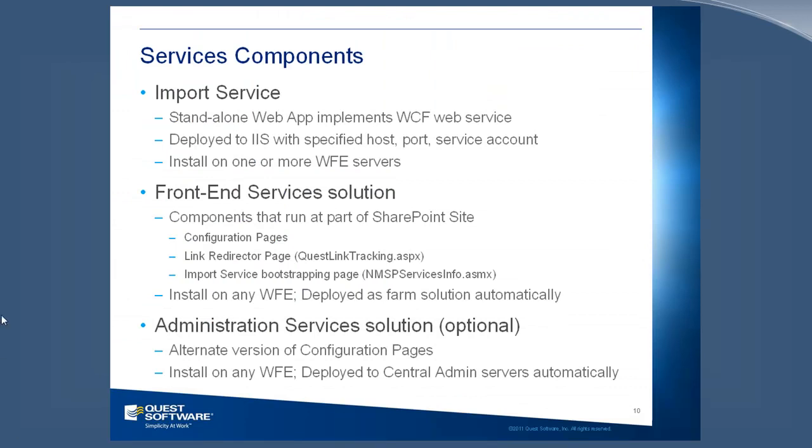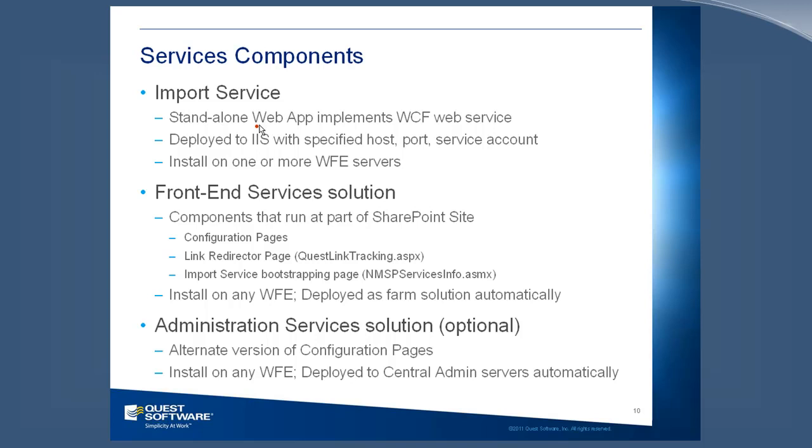When you run the services installer, there's actually 3 different components you can choose from. The import service itself is, like I said, the standalone web application. When you install that, you're going to have to specify where you want this IIS app to run, under what port. Typically you'd put it on an alternate port from the one SharePoint's using.